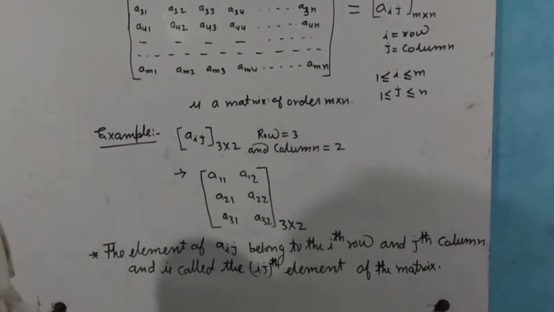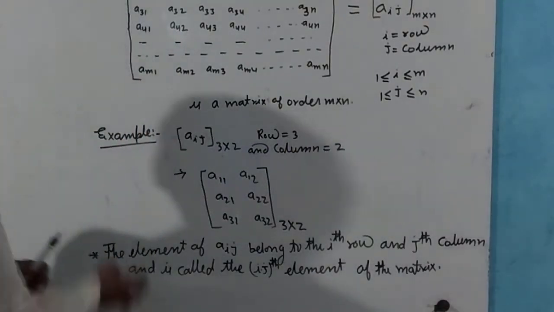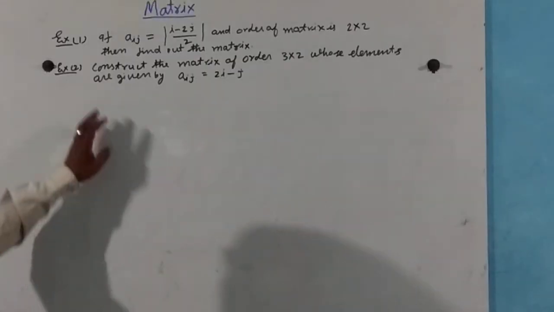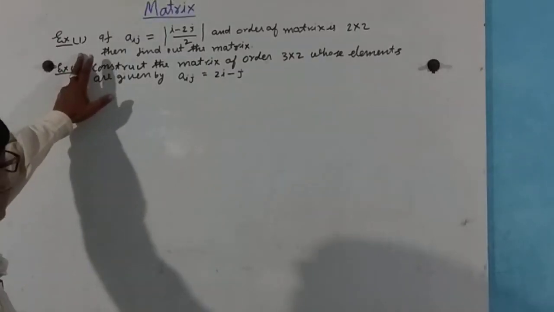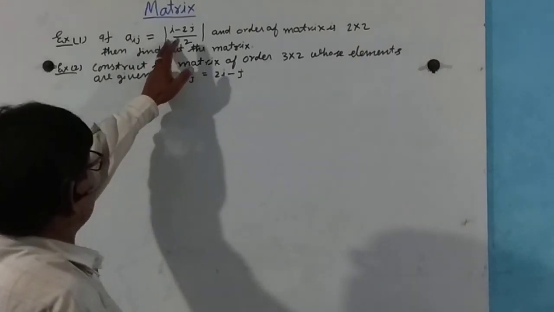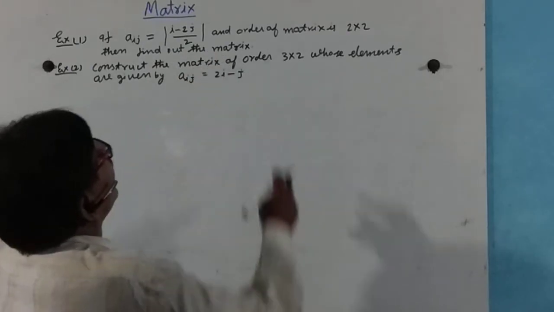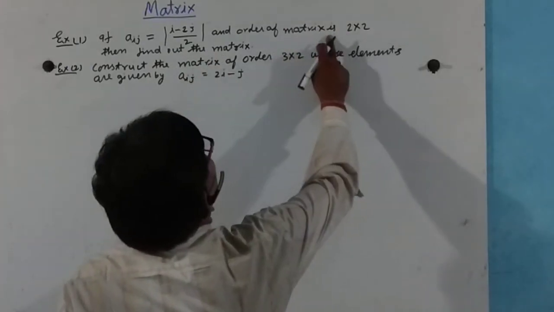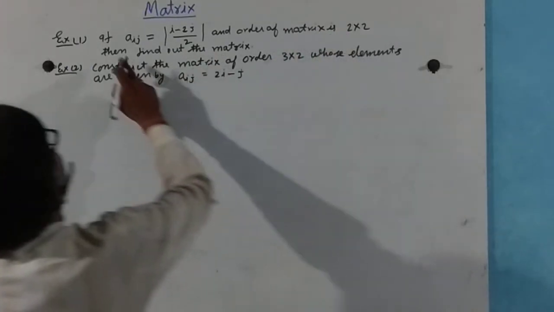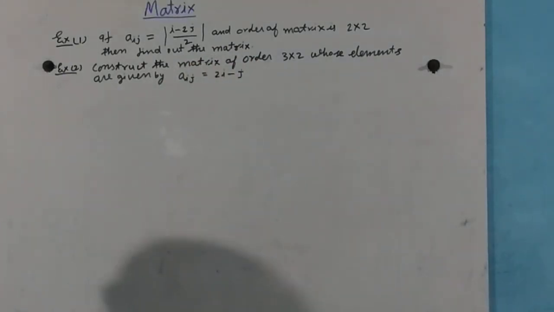Now we take some examples. Question number 1. If Aij is defined as the mod of (i minus 2j) by 2 and the order of the matrix is 2 cross 2, then find the matrix. Here the element is Aij equal to mod of (i minus 2j) by 2.